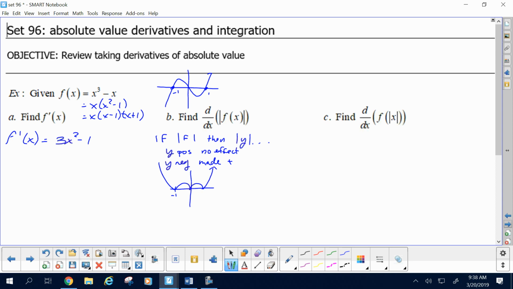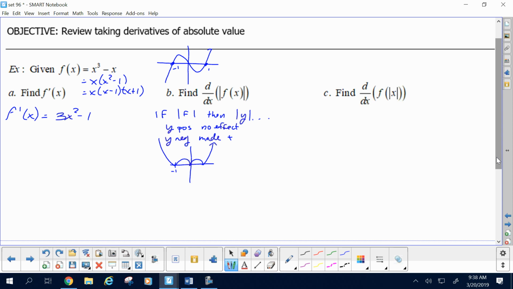Now then, we could write f as a piecewise function, then take the derivatives in 4 pieces. The part x less than -1, absolute value of that. Is it the opposite of the function or the same as the function? Opposite. So it would actually be x minus x cubed if I switch the signs, okay?